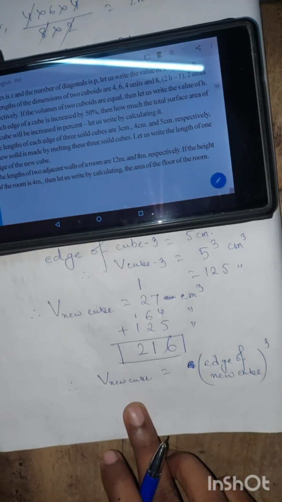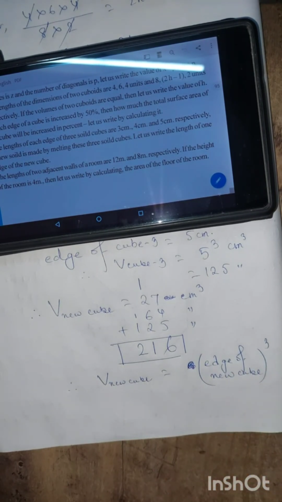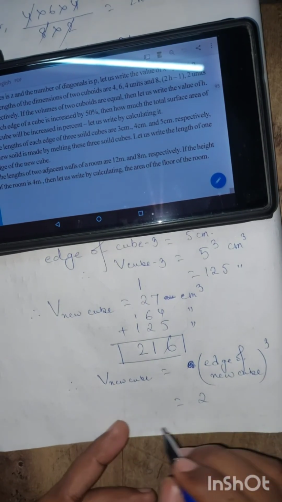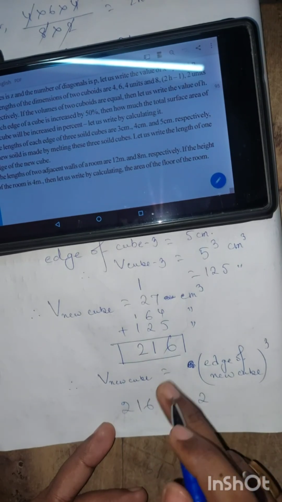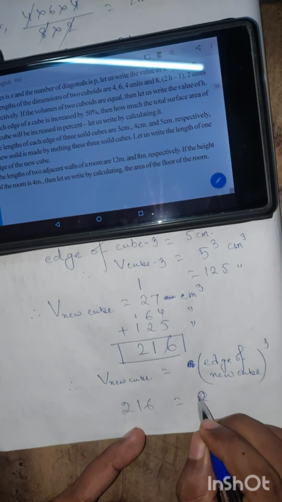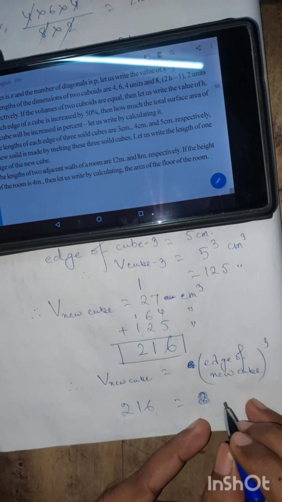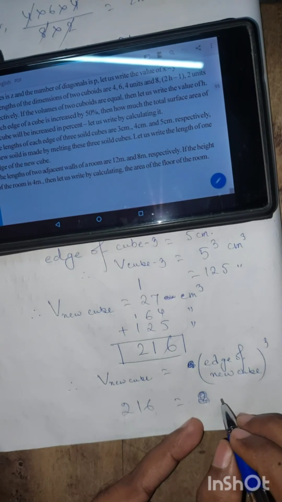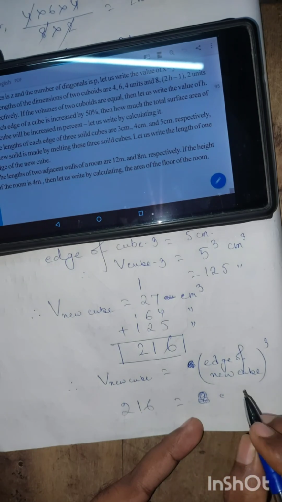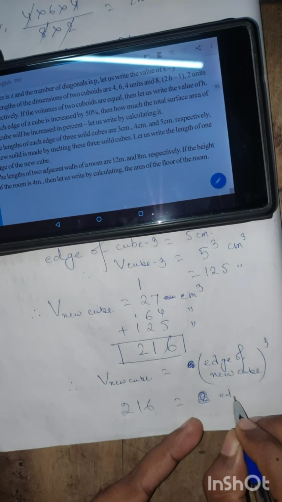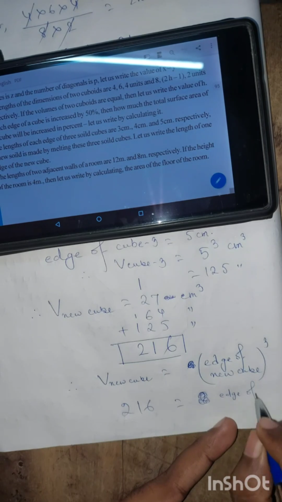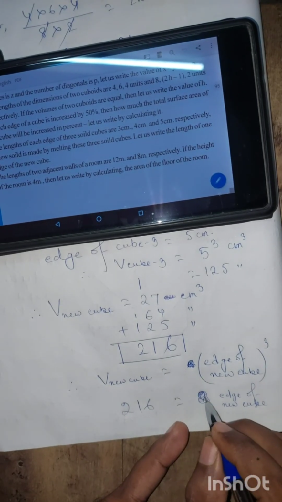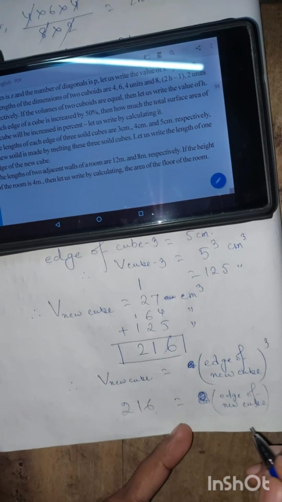So 216, this is the volume of new cube, equal to edge of new cube to the power 3.